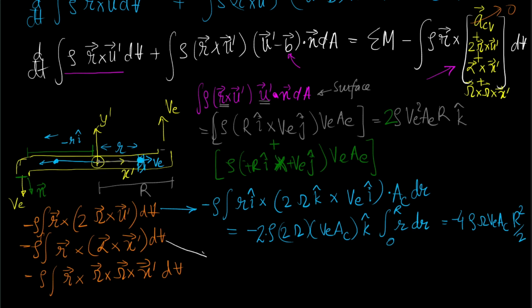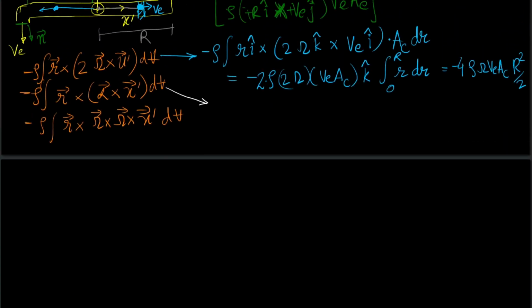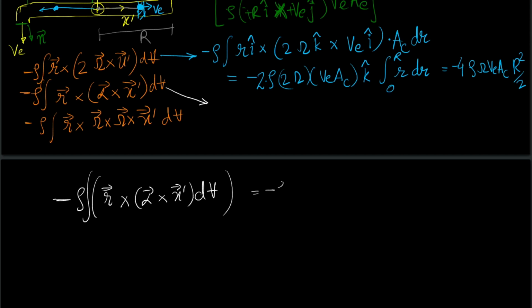Now what about this particular term? Let me make a new page. So it's minus rho integral r cross alpha cross x prime dv. So minus rho.